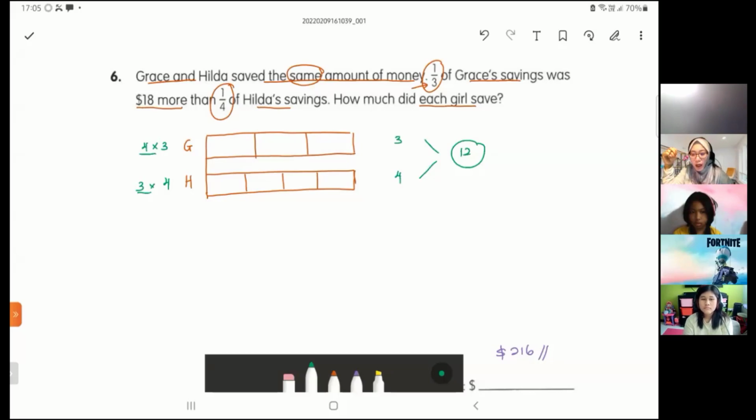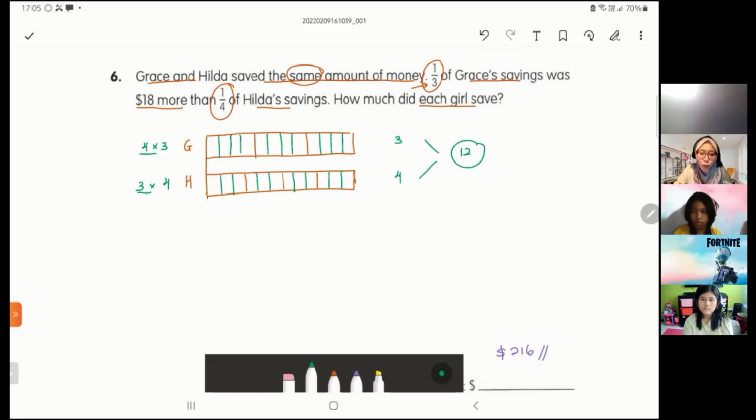That's what it meant. Understand? So for Grace, cut into 4 parts each, like this. So I cut into 4 parts already. Done. Now, Hilda's one, cut into 3 parts each. Like this, cut ready.